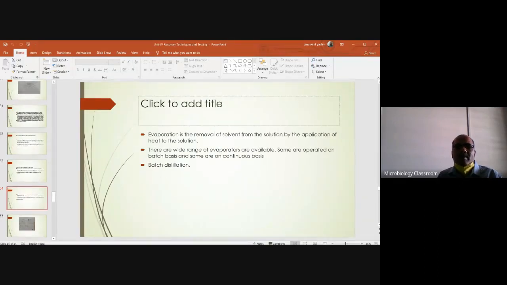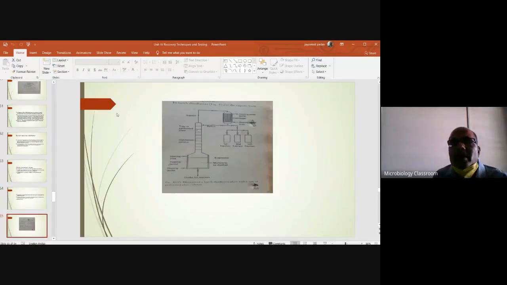As far as the batch distillation process is considered, here you will find the diagram of the batch distillation process. In this batch distillation evaporation system, the mixture which is to be distilled is kept here. Then this is the heating outlet, this is the heating jacket, the heating inlet, and this is the evaporator. What happens when we apply heat or temperature?